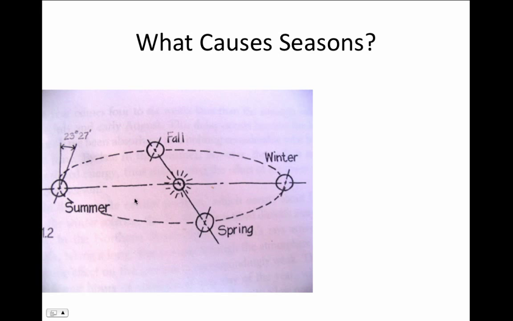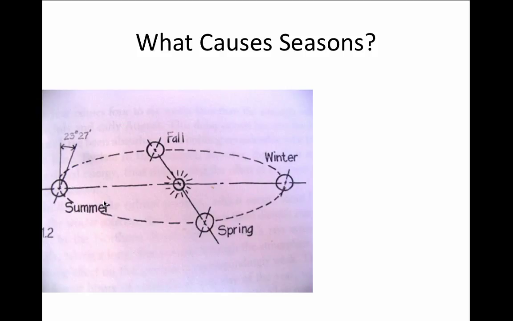It gets the sun's rays more directly, and the southern hemisphere gets the sun's rays at a steeper angle, and so there's less solar energy per square foot, and so it's cooler. It's warmer in the northern hemisphere.